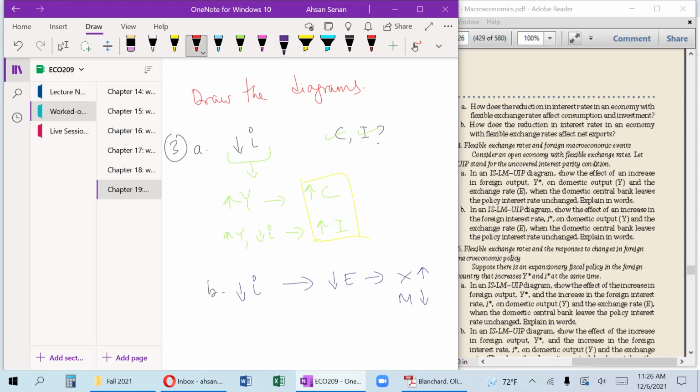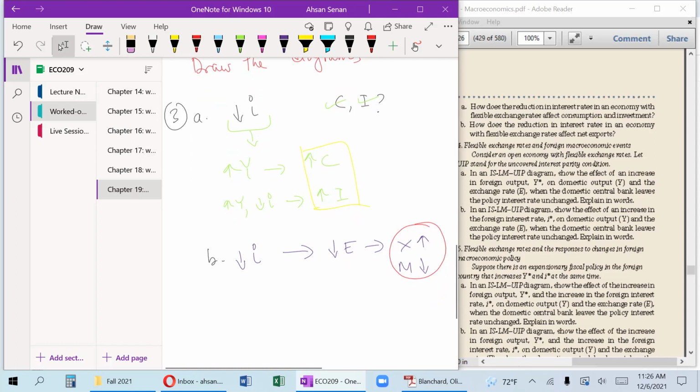So there is a bit of vagueness here. Do I have this right? Yeah, that's correct. So as a result, this is going to lead to a rise in Y, right?